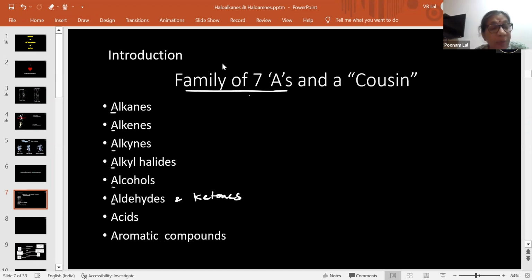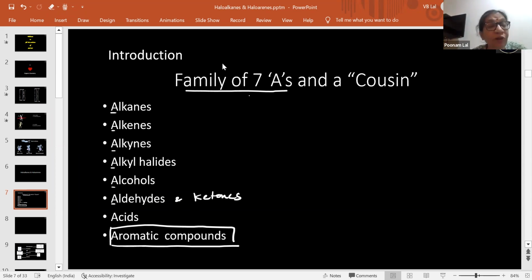Then acids, and these aromatic compounds, I treat them like a cousin, separate. Now this family of 7 A's is related to each other.